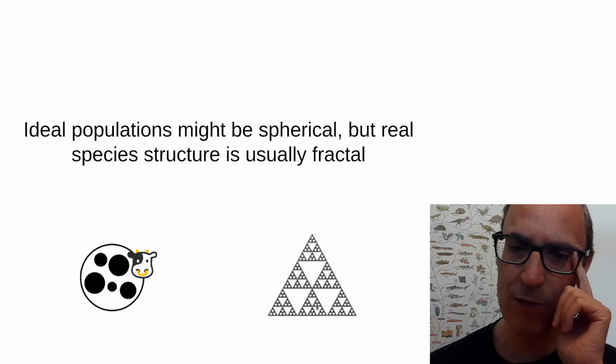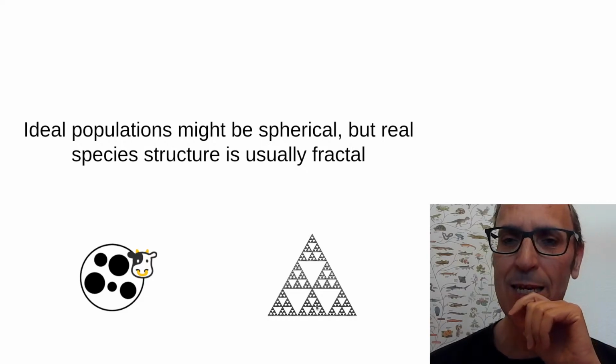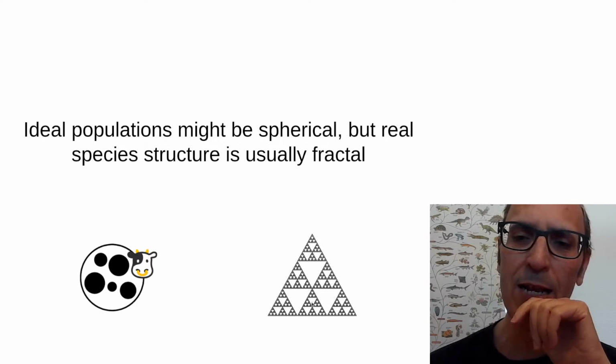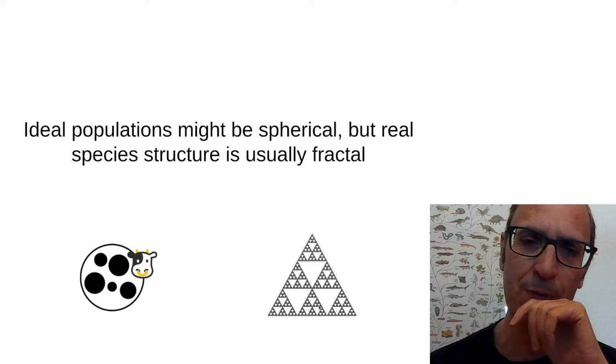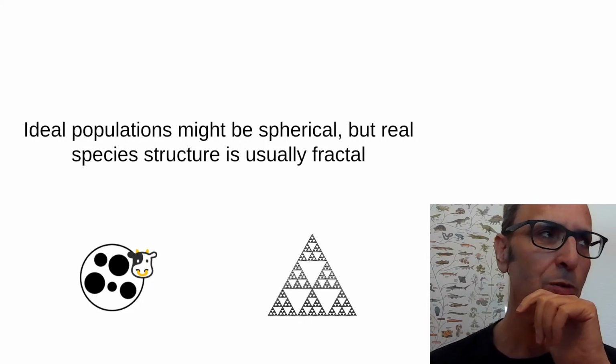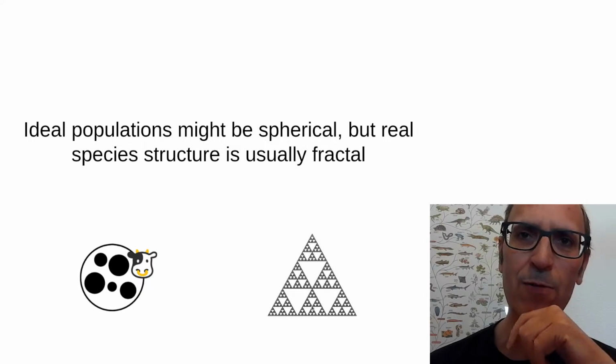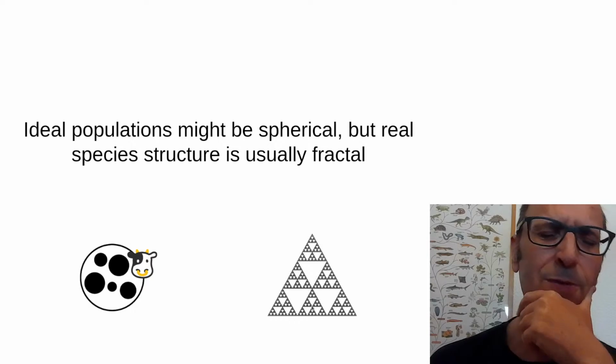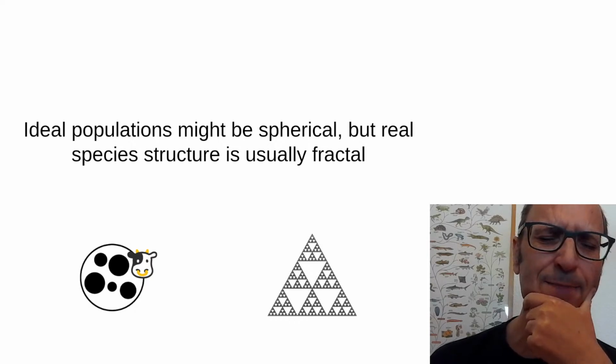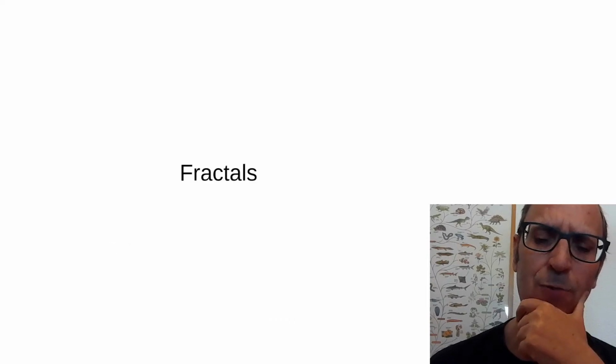This is a fractal. Why? Because if you go to any level of detail, you will find more or less the same structure. In biology, we don't have ideal fractals, because they would go on forever. But you will have something very akin to real fractals.